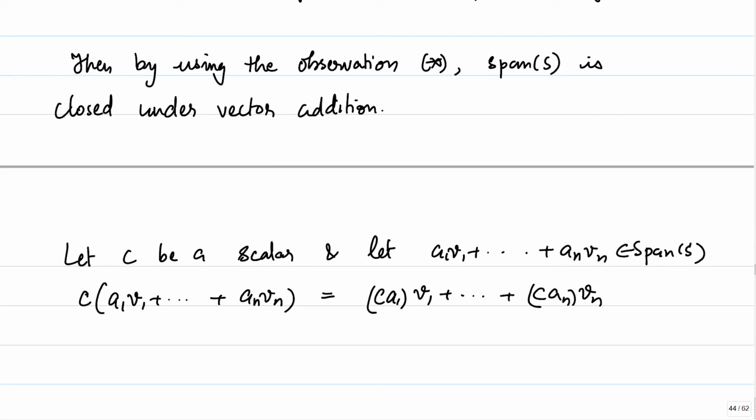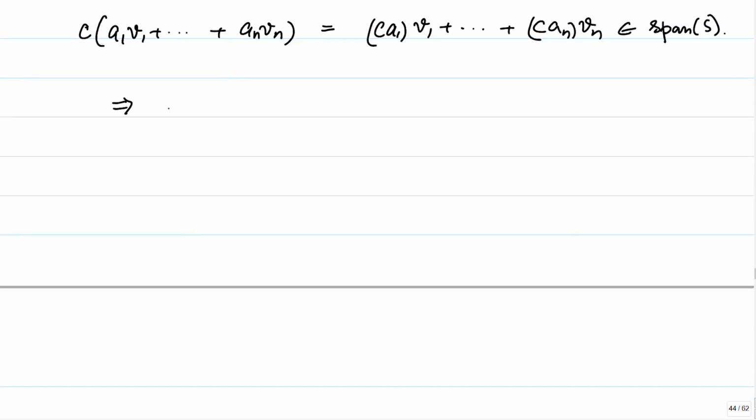But notice that c times a1 is just another scalar, similarly c times a2, and c times an. So this again is an element in the span of S. After all, span of S contains all the linear combinations. So this gives that span of S is a subspace.